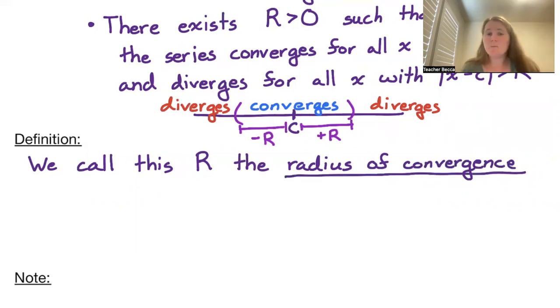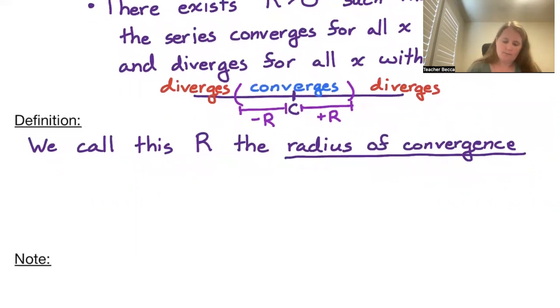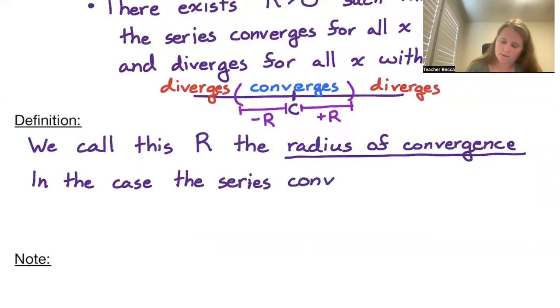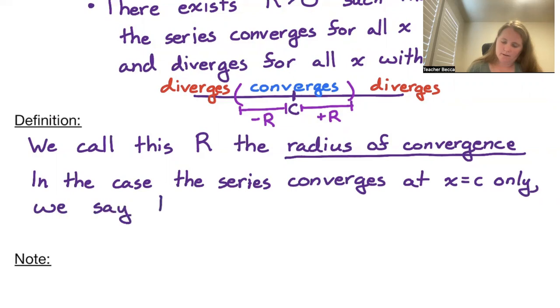In the case where there's convergence only at x equals c, we say the radius of convergence is 0. So in the case the series converges at x equals c only, we say that R is equal to 0.